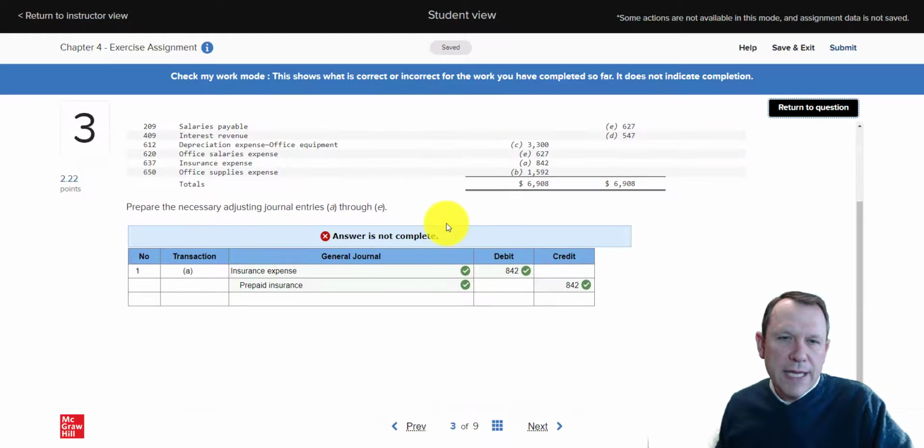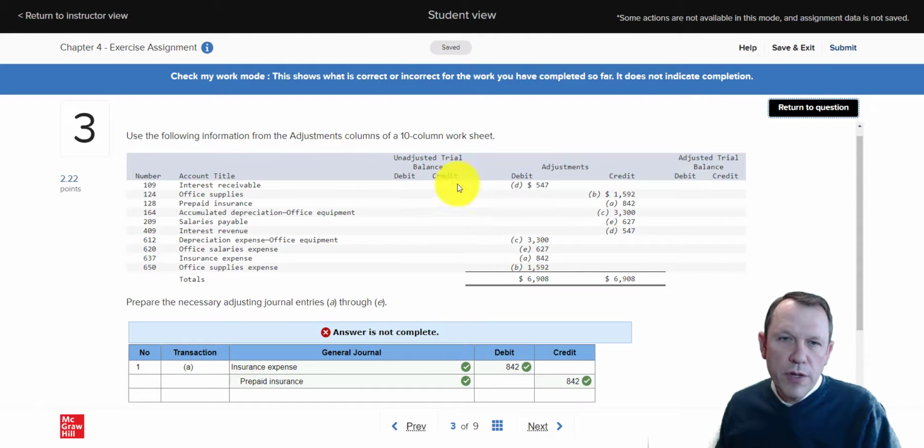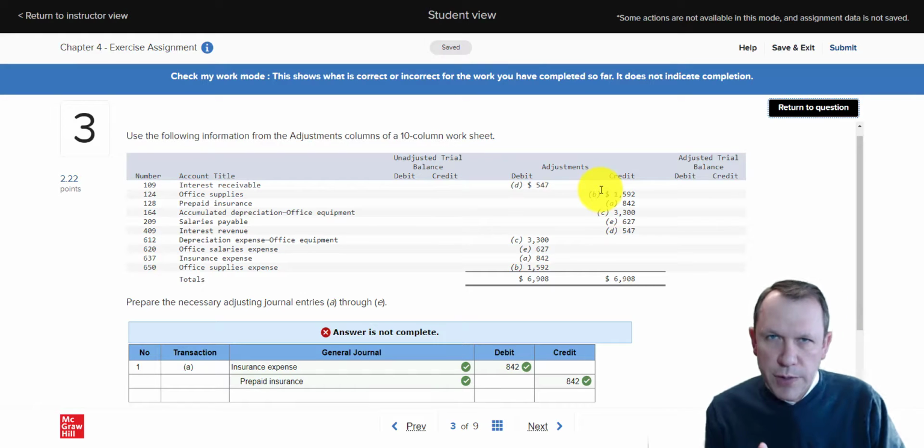So we'll look at that again. So here is the adjustments, right? The adjustments column, we're going to have in our next one, adjustments that we're going to be doing. Really, the adjustments relate back to the journal entries we need to do to adjust balances in accounts.